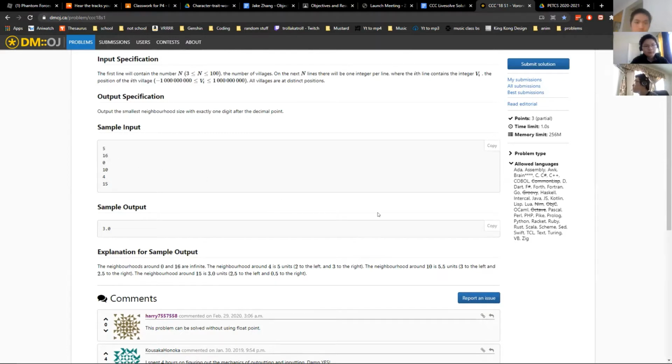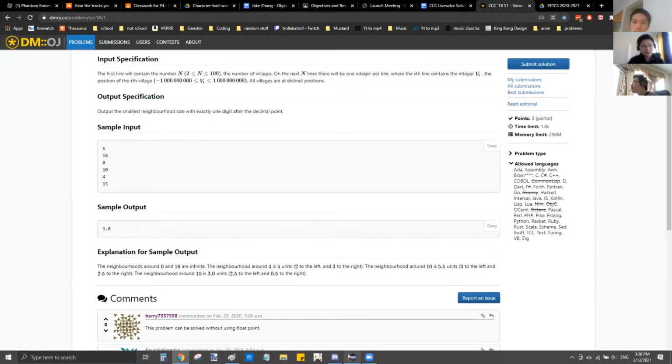It's equally as close, so that's 1. And the neighborhood around 10 is 5.5. So 3 units to the... wait, no, it's because it goes 0.5 to the right, which is shared by 16, and 2.5 to the left, which is shared by the 10. And then they'll give you your answer of 3.0.